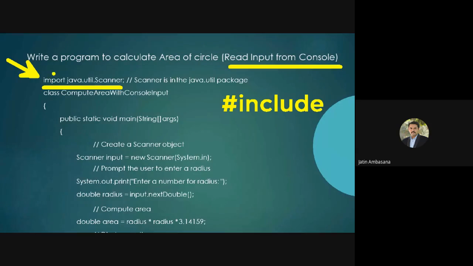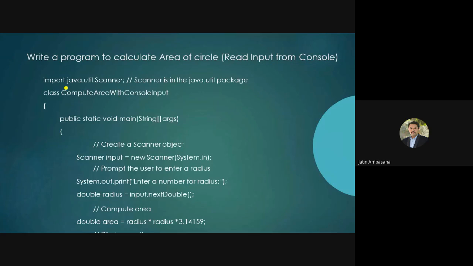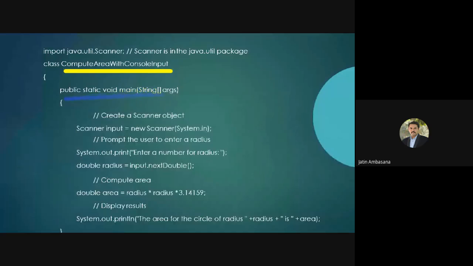Instead of that, here we will be using import. Then this is the class, and in this class we have a main method where we will be using System.in, putting that System.in, which is the input stream, into the Scanner object by saying new Scanner and inside brackets passing System.in.